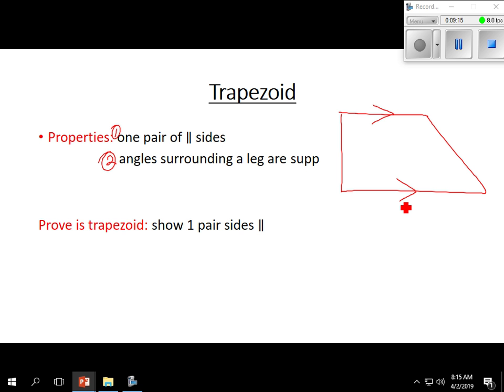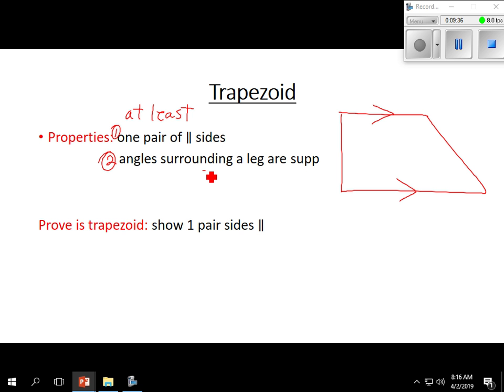We're not going to deal with that a whole lot, but it's at least one pair of parallel sides now is what a lot of the definitions are saying. But the old definition is that it has exactly one pair of parallel sides.